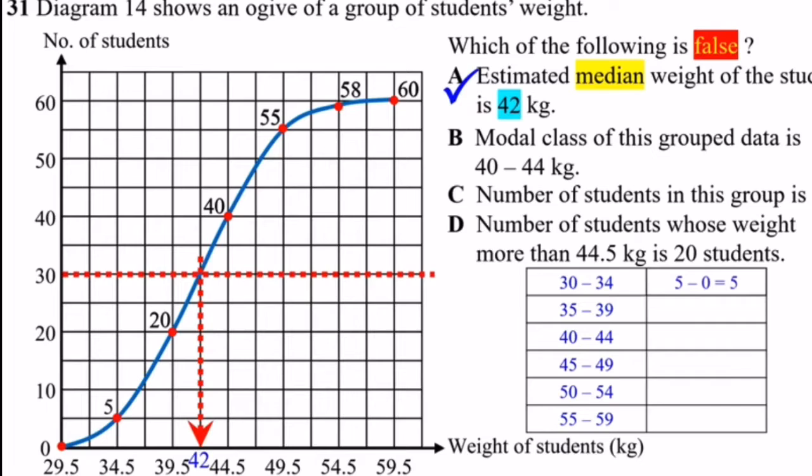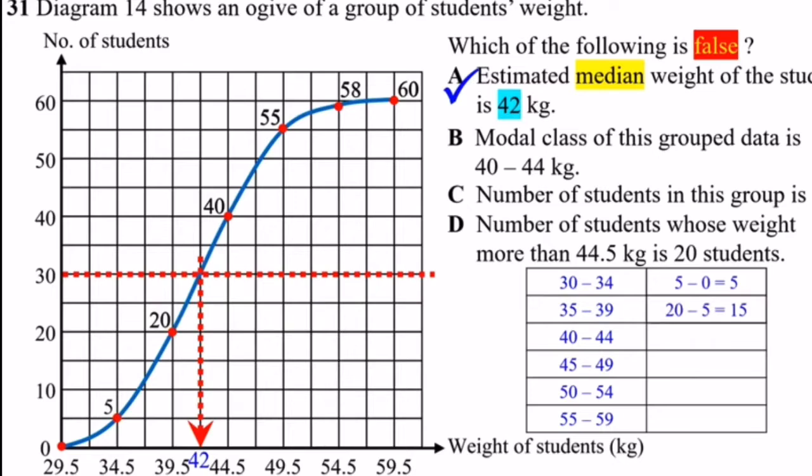Then followed by 20 minus 5, and you get the difference of 15. So we copy down 20 and minus out the 5, because we need to calculate the frequency from the cumulative frequency.